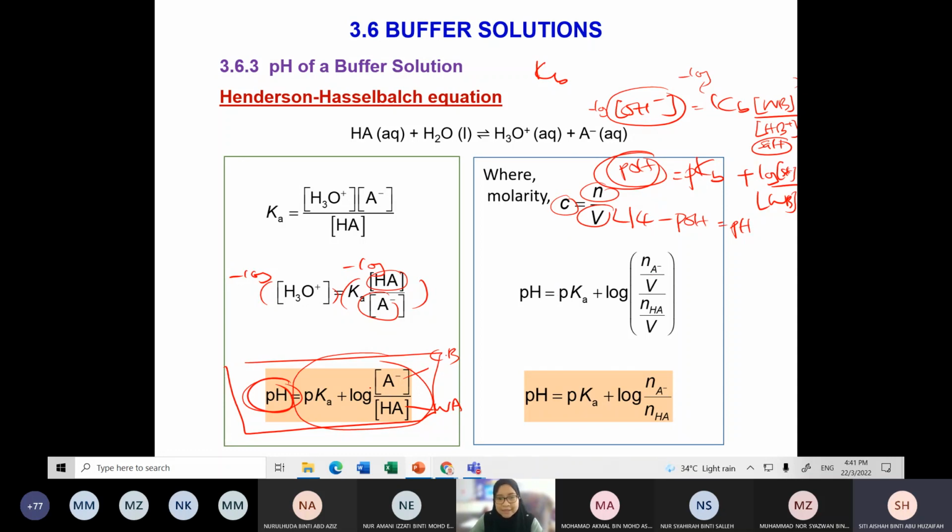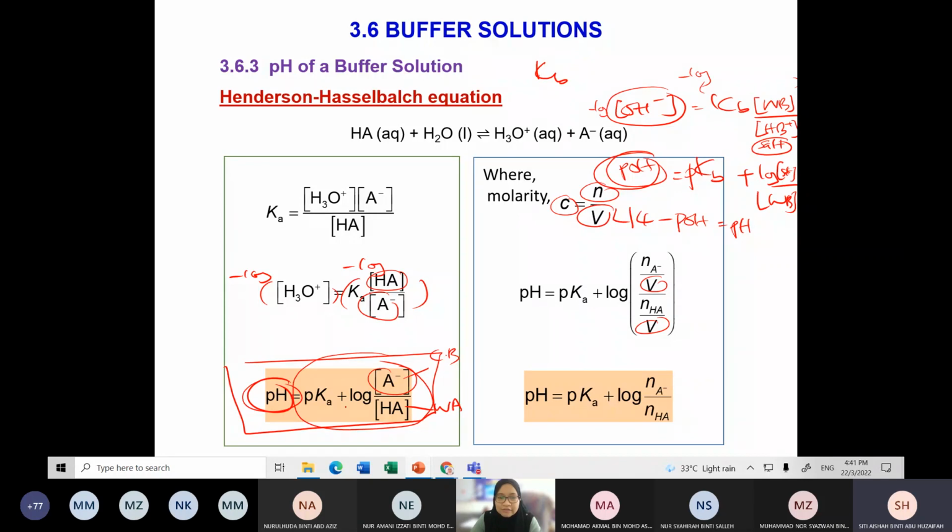So when we expand the concentration of both conjugate and acid, bila kita expand kan, kembangkan dia, kita akan dapat mole of the conjugate over volume over mole of the weak acid over volume. Okay, but the thing about this one, the volume should be the same lah because they are in the same solution. Betul tak?